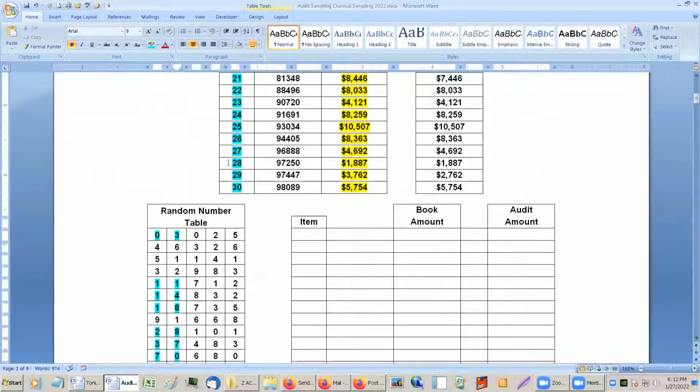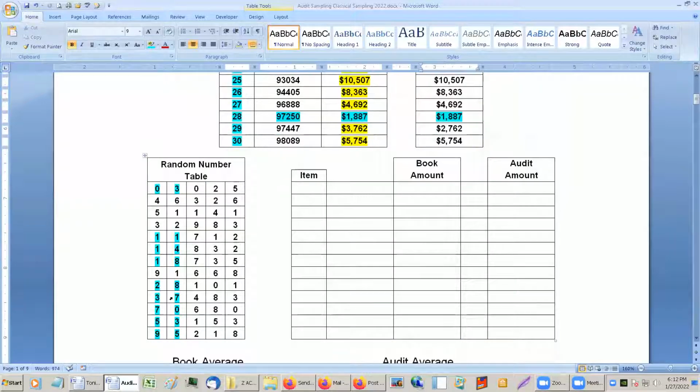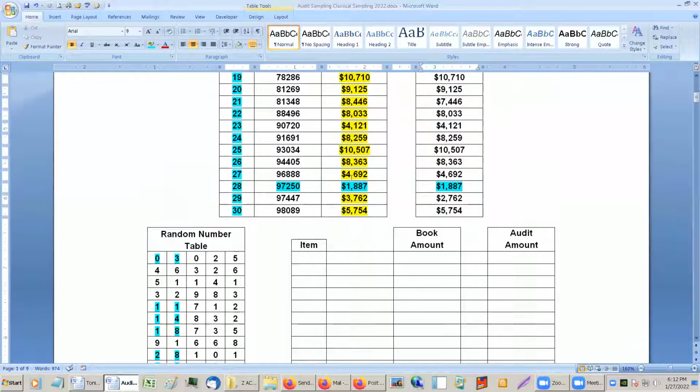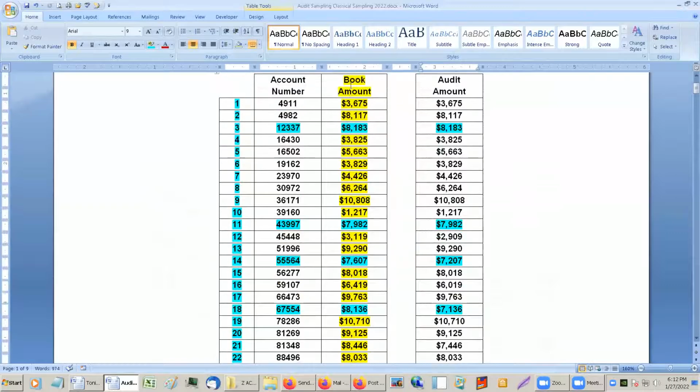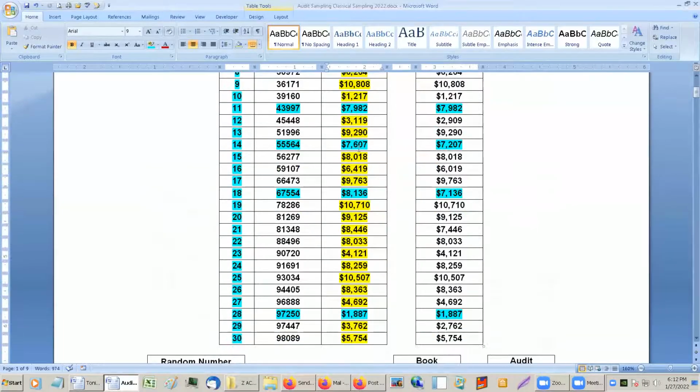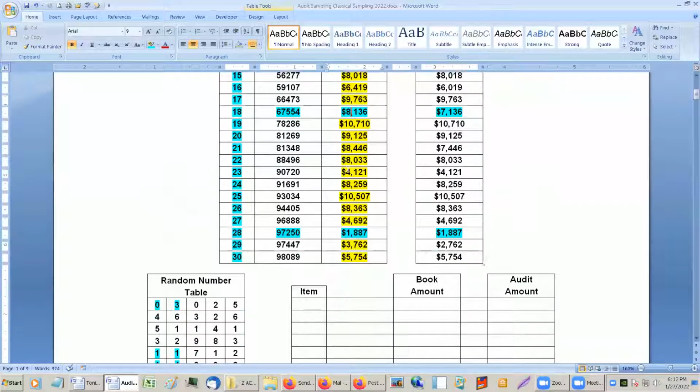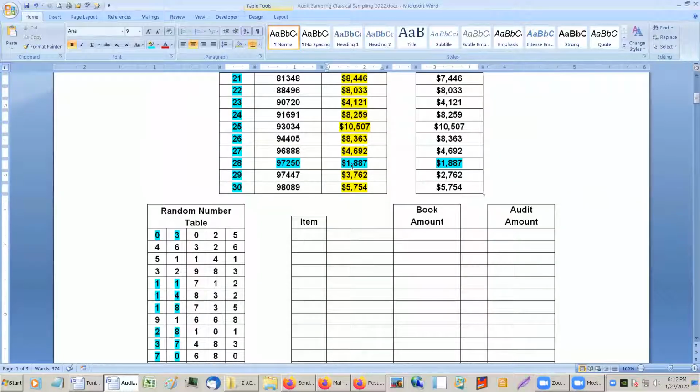There is a 28. And we would stop right there because we got our 5, right? 1, 2, 3, 4, 5. Okay.